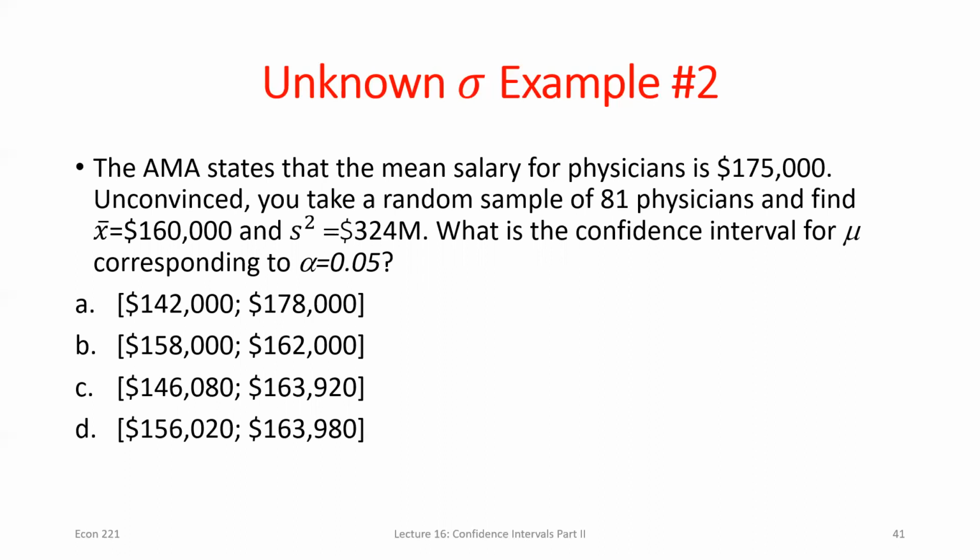So the only thing left that I need to find was that t value for alpha over 2. So here, what level of confidence do I have? Alpha is 0.05, right?